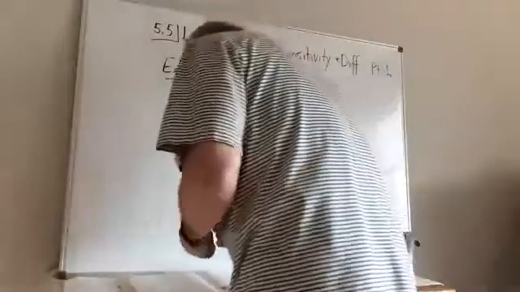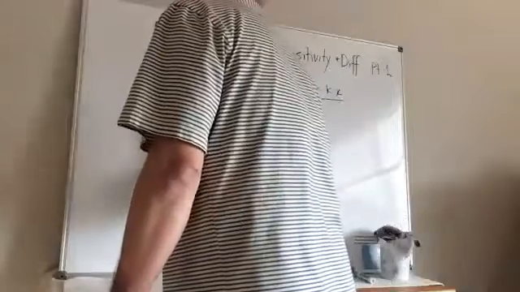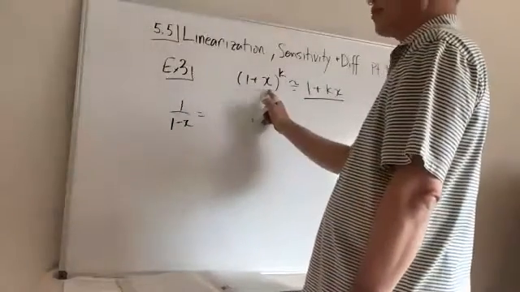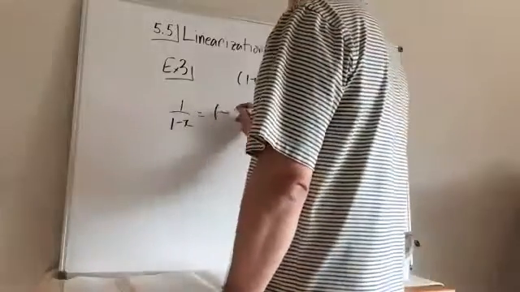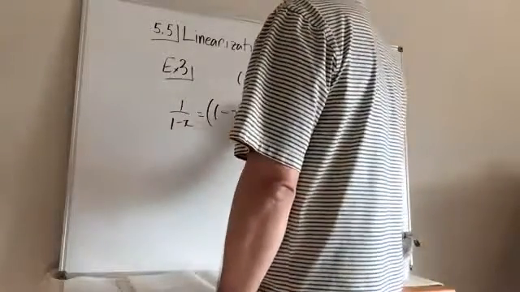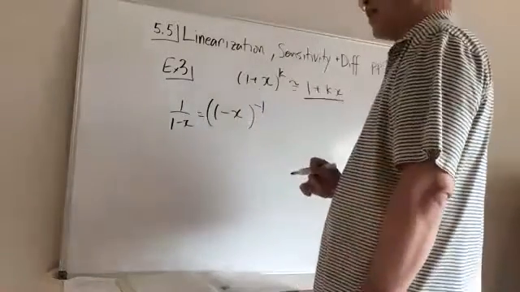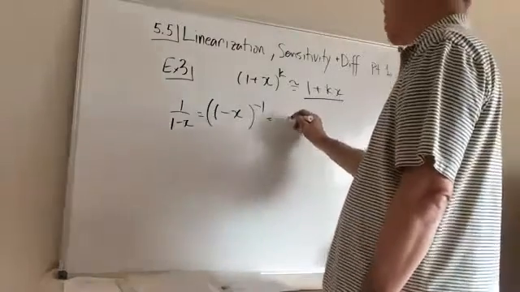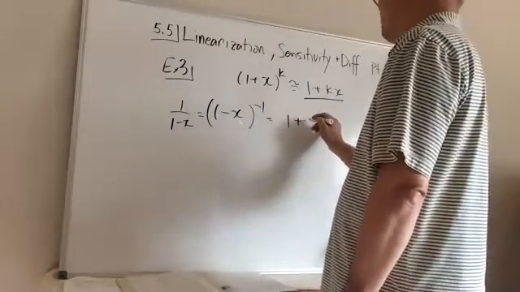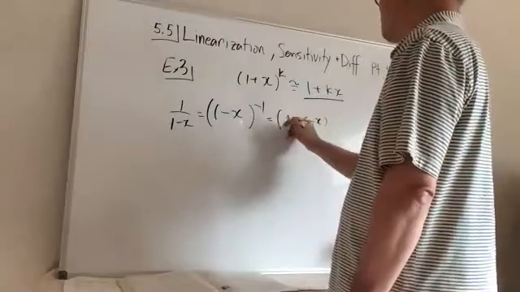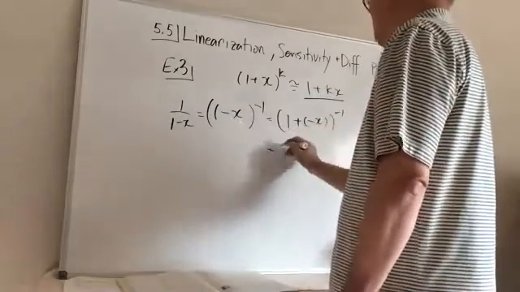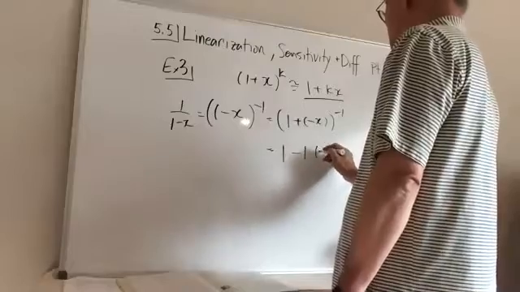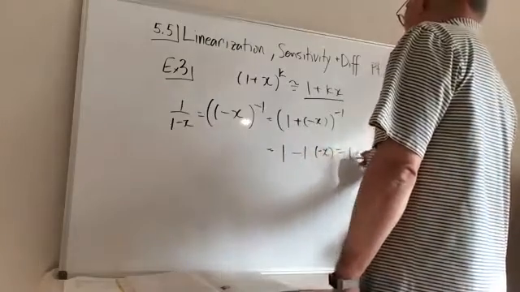All right, let's move on to B. So again, if I want to express this into something that looks like this, it's going to be 1 minus x to the minus 1. So what do I get? I get 1 plus minus x to the negative 1, which is 1 plus x.